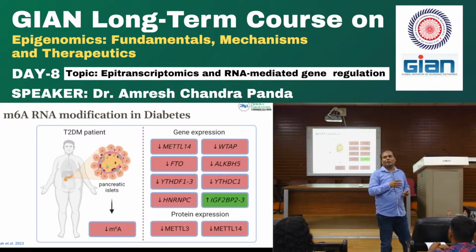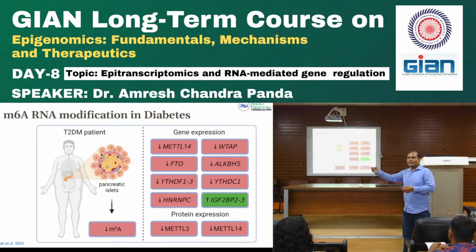But you need to know how much you need to write, so that you exactly bring the expression level to the basal level. It is not that you overexpress the writers 100-fold and put M6A everywhere.